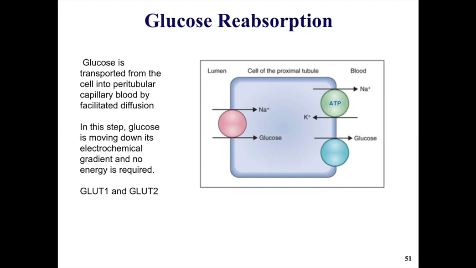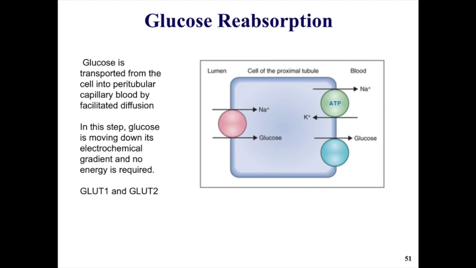The reabsorption, however, occurs through active transport with sodium. So the sodium is actively transported, and the glucose goes with it. So it's a mechanism of co-transporting. But in any case, it involves a transporter.